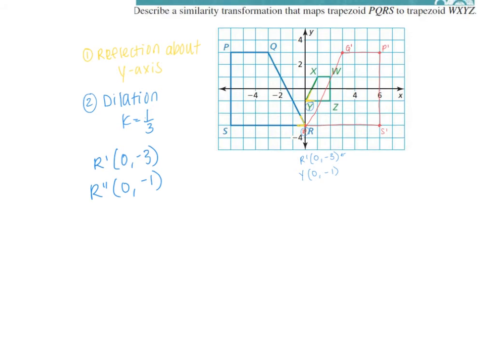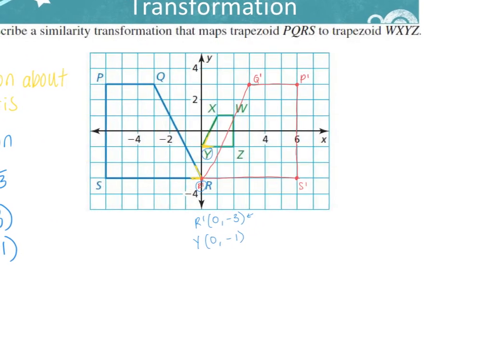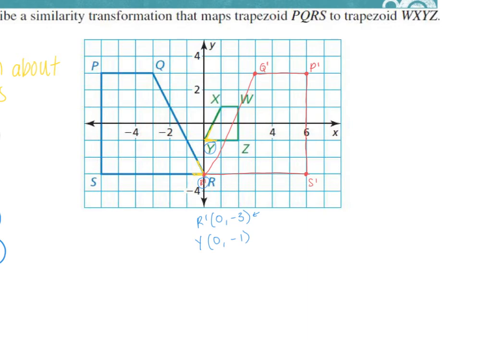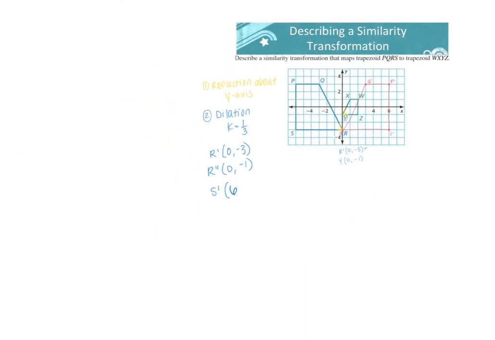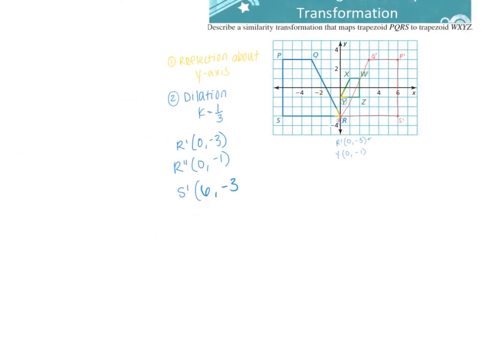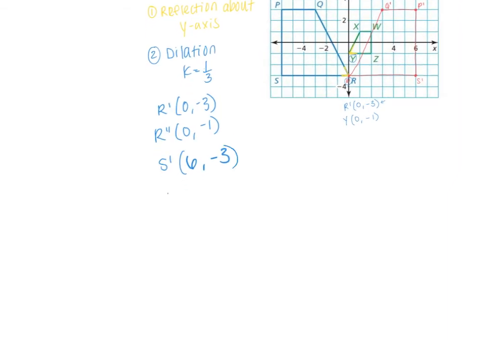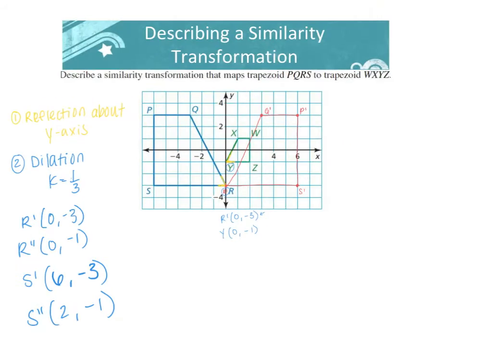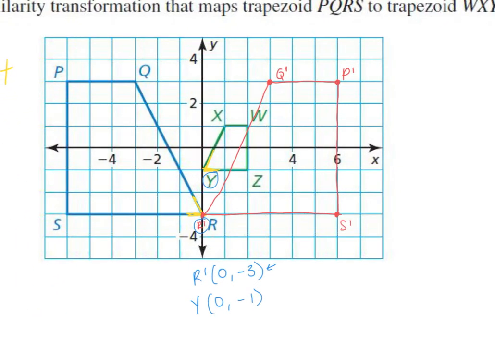Let's take S prime. S prime's coordinates are at 6, -3. So S double prime would be 2, -1. Let's see where that ends up. That's over 2, down 1. That's going to be right here. That's Z. That's a good match.